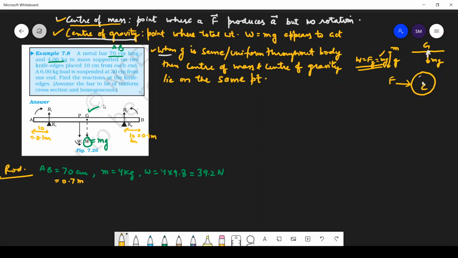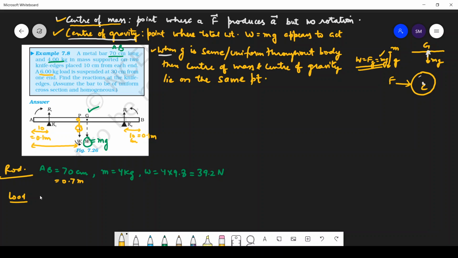Now next point, a 6 kg load is suspended at 30 centimeter from one end. Here this is the load suspended, and this load is 6 kg.